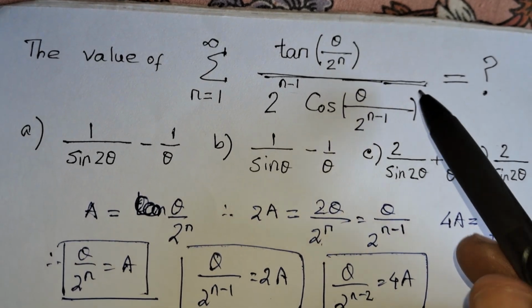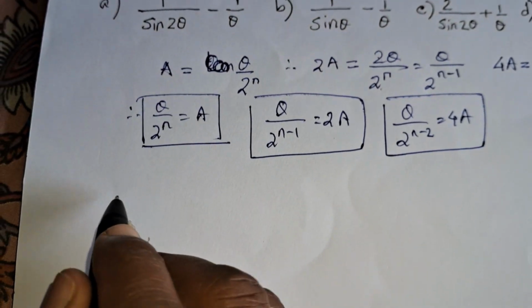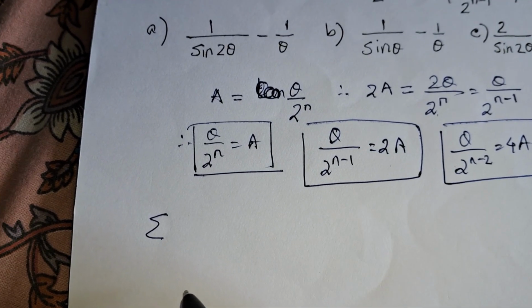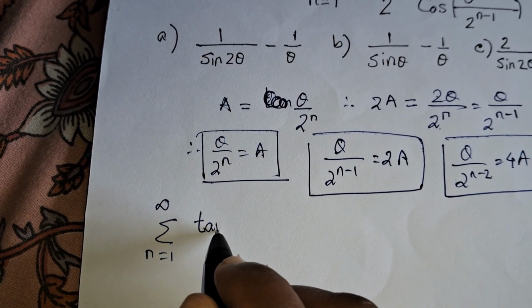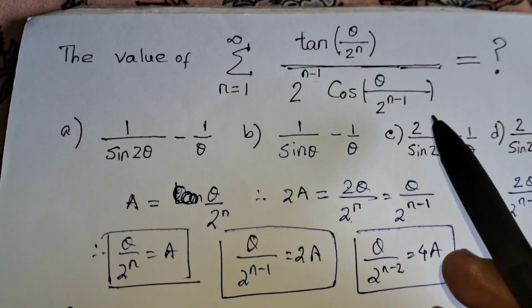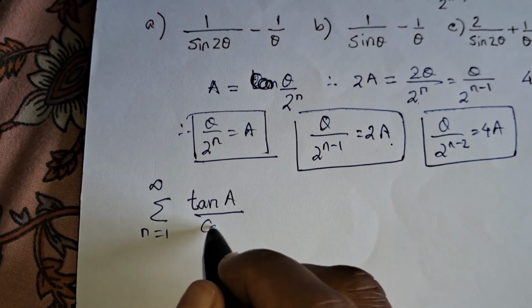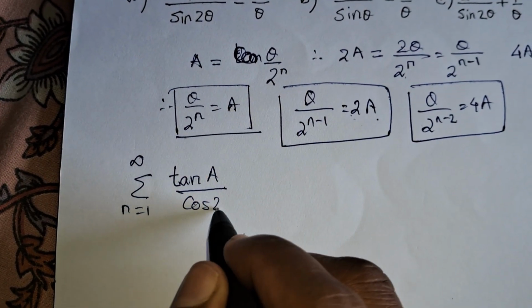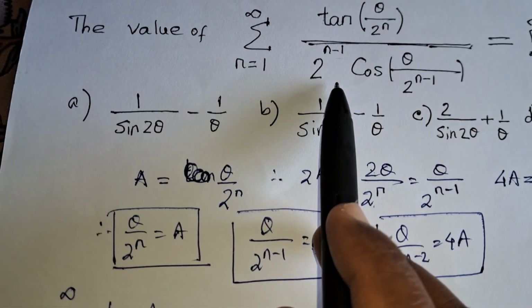Now write this expression in terms of a. Summation n equal to 1 to infinity. Numerator is tan a and denominator is cos 2a. See this one, cos 2a. And there is 2 to the power n minus 1.